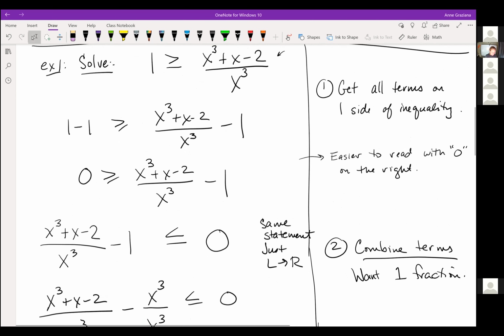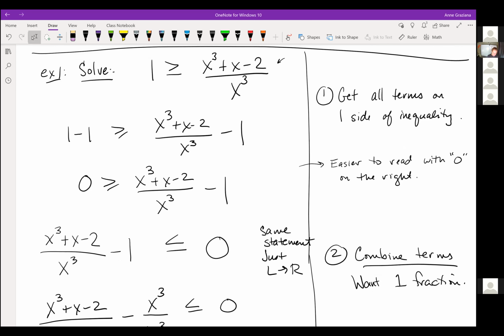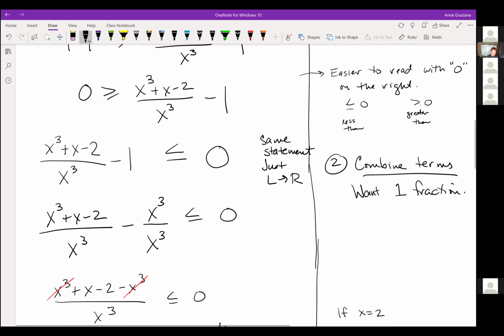It's just easier. Usually your inequality symbols, you read left to right. So this is less than. I want to know when it's less than 0 or greater than 0. Does that make sense?